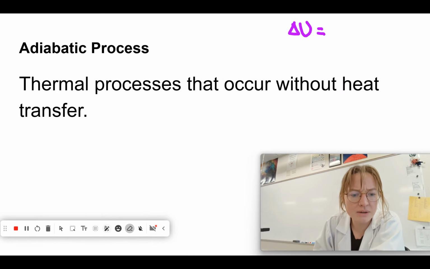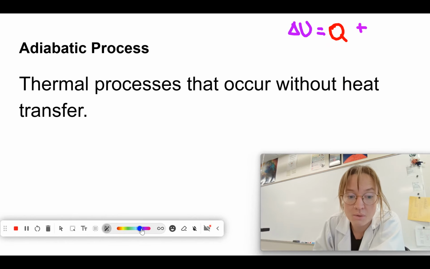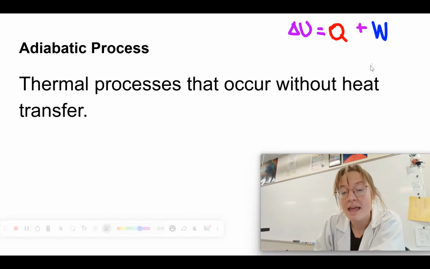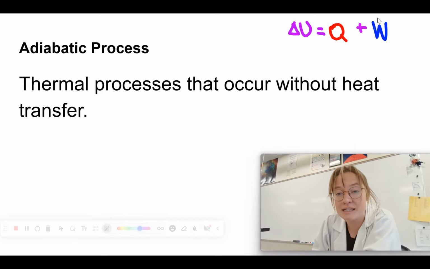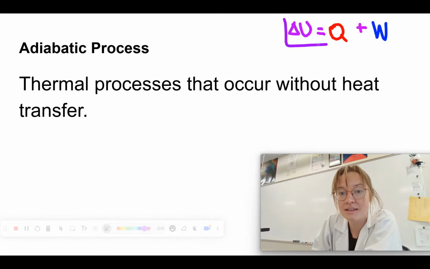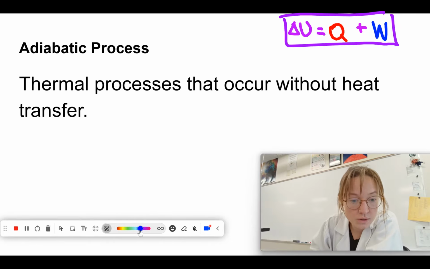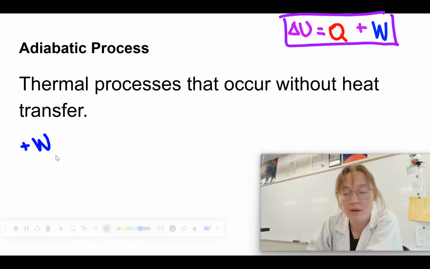Now, in our last two processes, we added heat and then either let the gas do work or not let the gas do work. In an adiabatic process, we are going to add work and then we'll see what happens with the heat. We start by adding work to a gas.